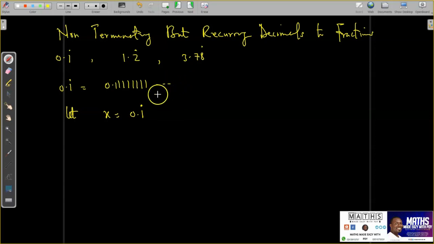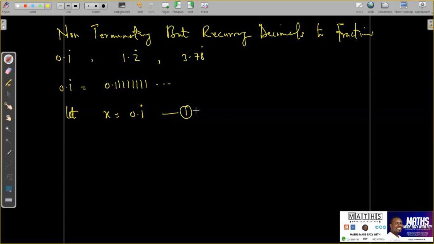Right now, our whole number section only has 0 there. Remember the place value of that recurring decimal, you are just moving one of them. You are shifting the first digit over to join the whole number section, and to shift just the first digit, you multiply through by 10.